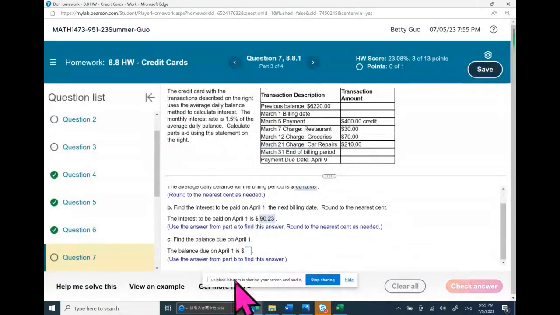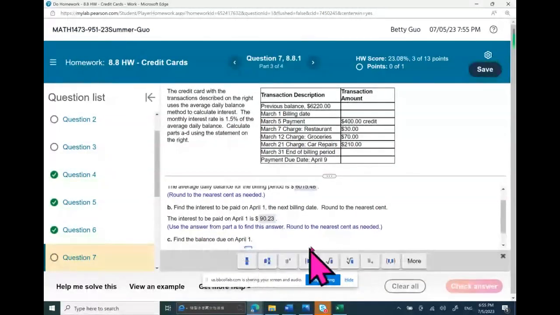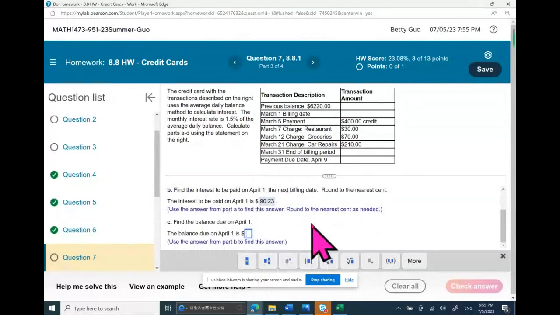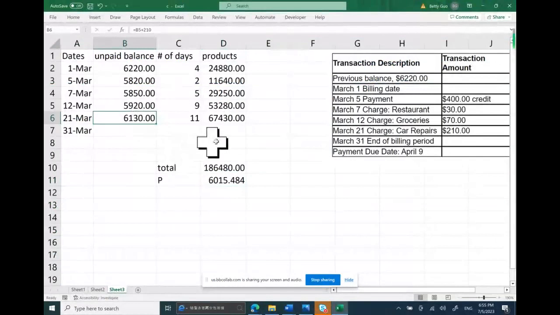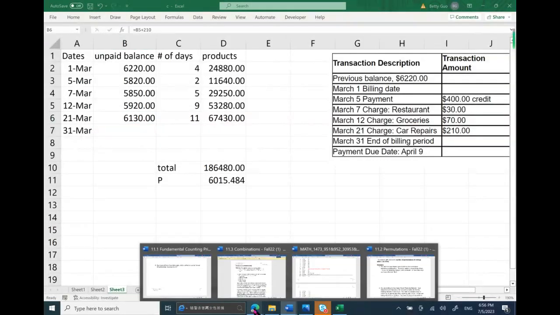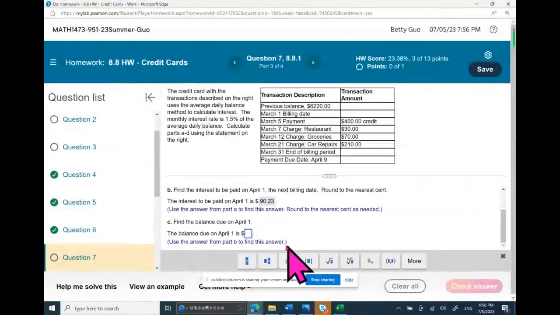Part C. Find the balance due at the beginning of the next cycle. So let's look at the table. At the end of the month, you have that much balance, right? Let's enter that in the calculator. 6130. By the end of March, your balance is $6,130. But at the beginning of April, you don't have just that balance.